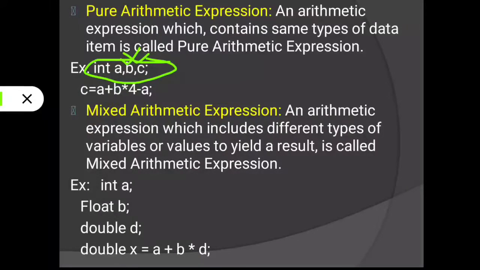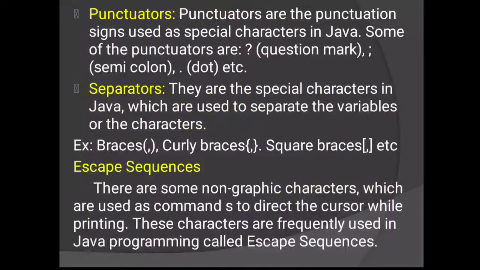Different types of variable means, as you can see here, I have declared int a, float b, double d, so all are different types. If we create any arithmetic expression using these variables, then that expression is called a mixed arithmetic expression. Understood? Then next we will proceed.